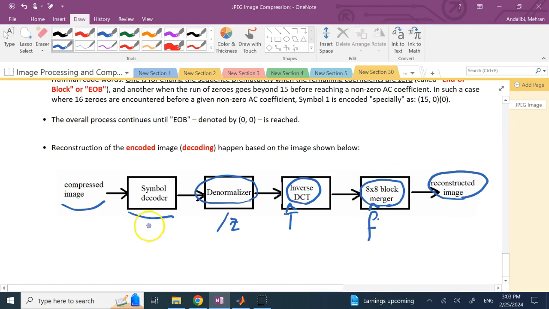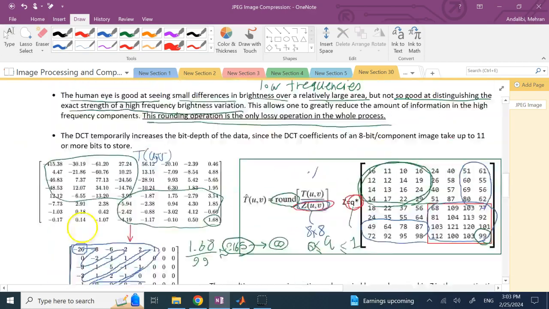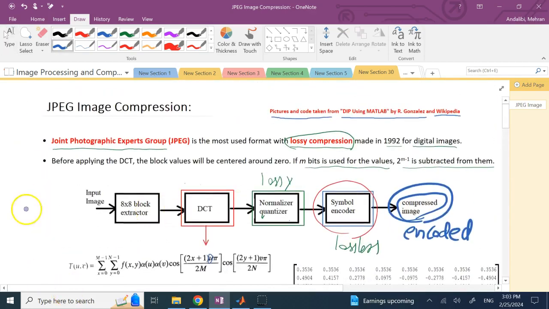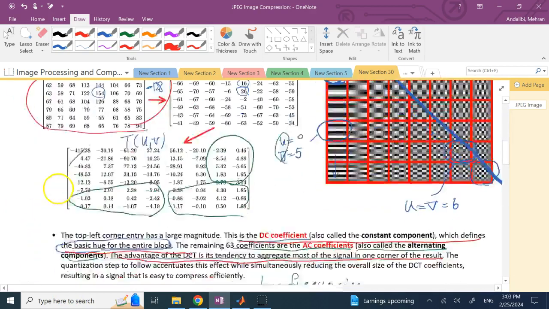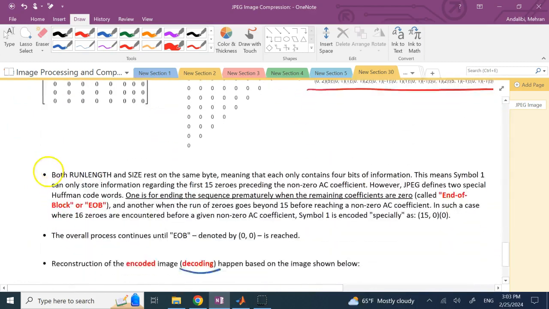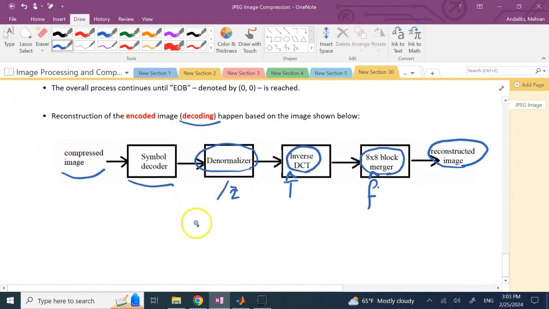So this whole set of operations that we did, we call it decoding, and all of the ones that we did here on the top, we call them encoding. So this is encoding the image using Huffman finally. And here, as I said, this bottom part is the decoding part.